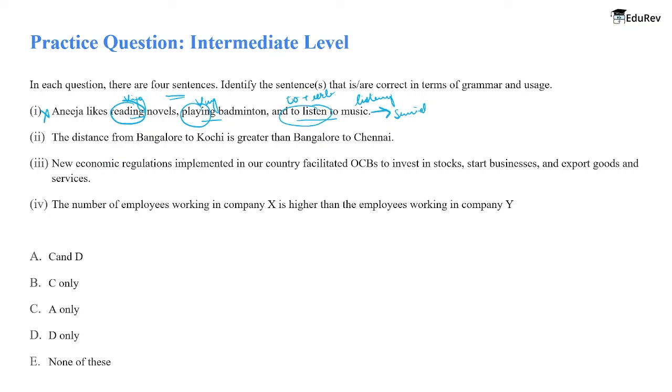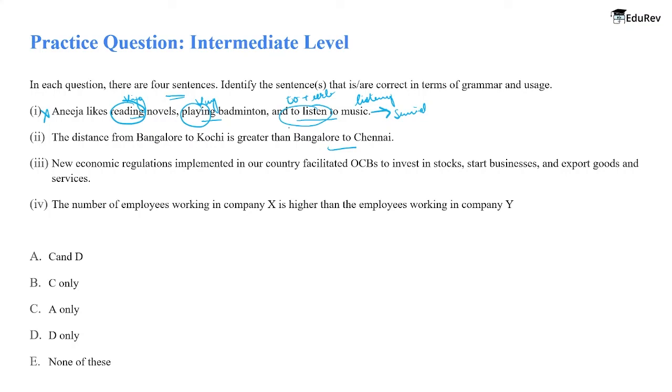The distance from Bangalore to Kochi is greater than Bangalore to Chennai. The thing here is that the distance from Bangalore to Kochi is greater than what? Bangalore to Chennai. What is greater in Bangalore to Chennai? It is the distance.